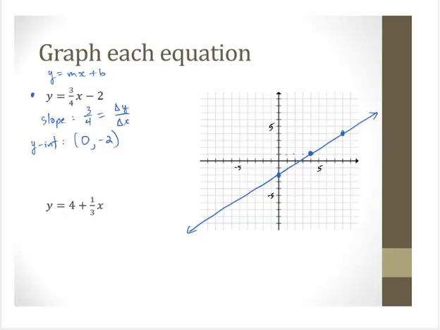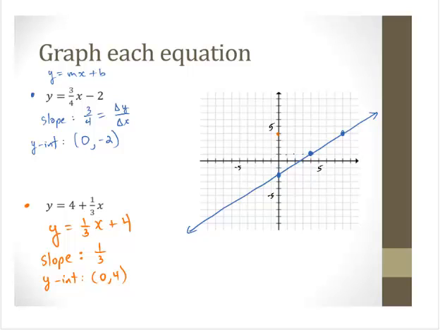I'll work in orange for the second equation. y equals 4 plus 1/3 x. Well, I can change the order of the terms and write that as 1/3 x plus 4. So then my slope for the line is 1/3, and the y-intercept is 0, 4.